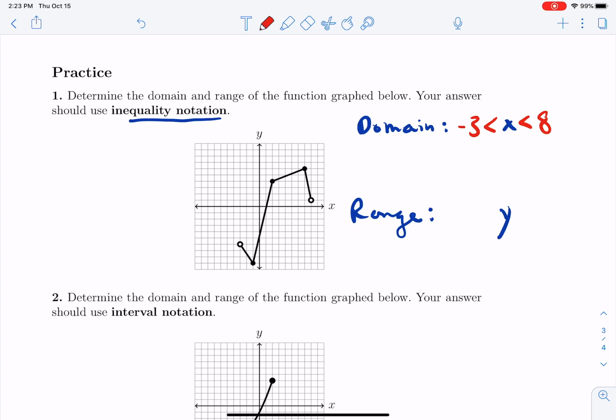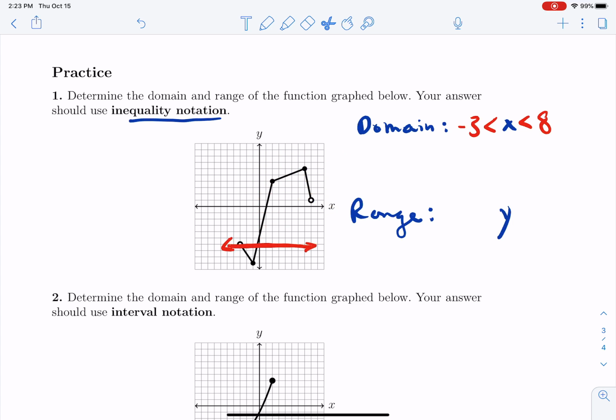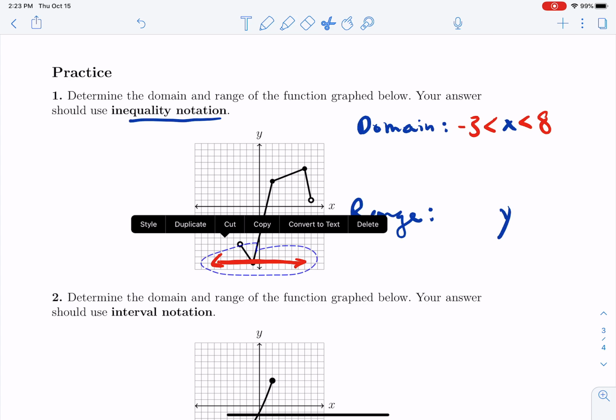For the range, we're looking for the highest and lowest y value. I'm going to draw a horizontal line. Let's find our smallest y value first, which is all the way down here.